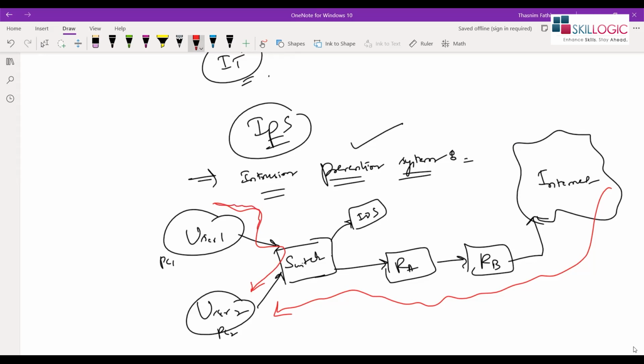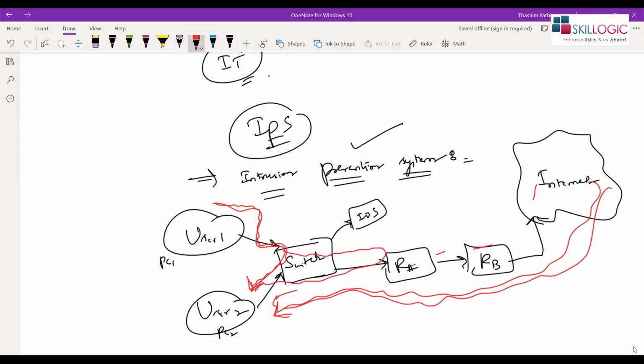So this insider intruder can attack this user too, or from the outside world, anybody can attack. So what happens once he transfers some malicious file? It's going to go through the switch and it's going to go here, and from the outsider, from the router also it can come up here.